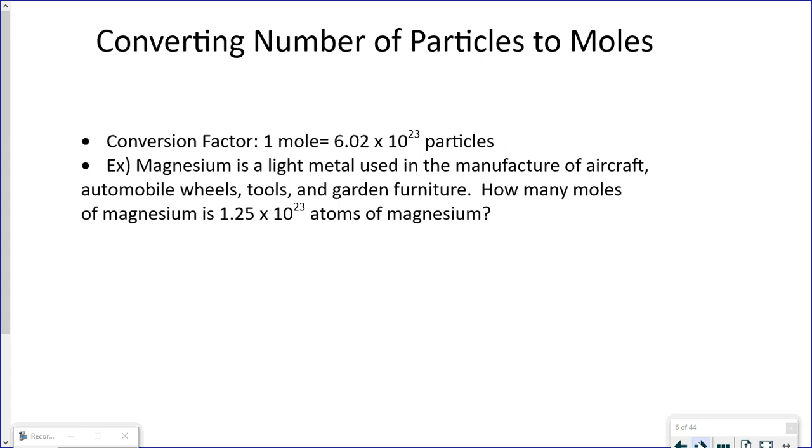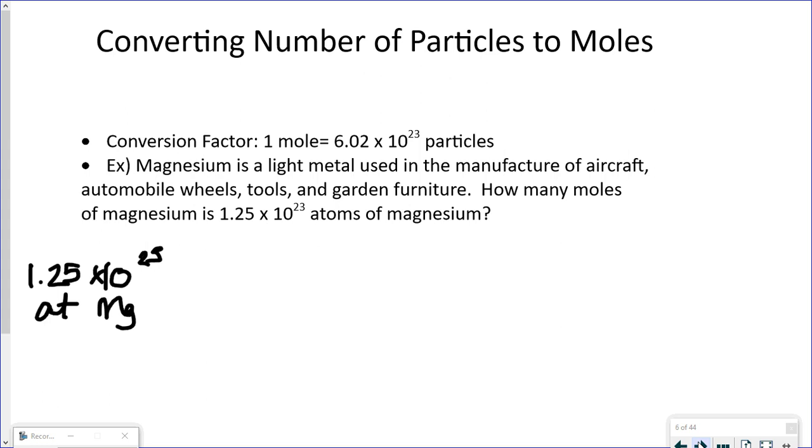So remember we said you always want to start with the amount that you actually have of what's given in the question. So it tells us that we have 1.25 times 10 to the 23rd atoms of magnesium.